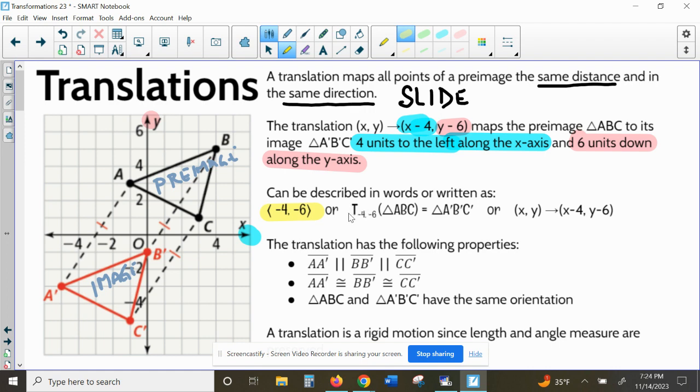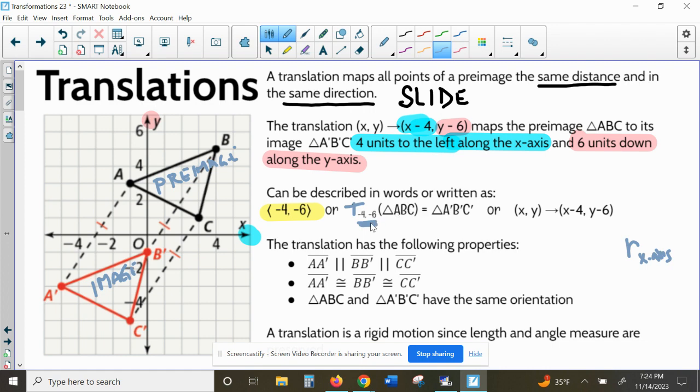They can also write it like this, kind of similar to how we had the last thing with the R, and then we put the x-axis down here. It's the same idea right here. That's a T, and the T stands for translation, and you see how this is lower down here? That means I'm going negative 4 on the x-axis and negative 6 on the y-axis.